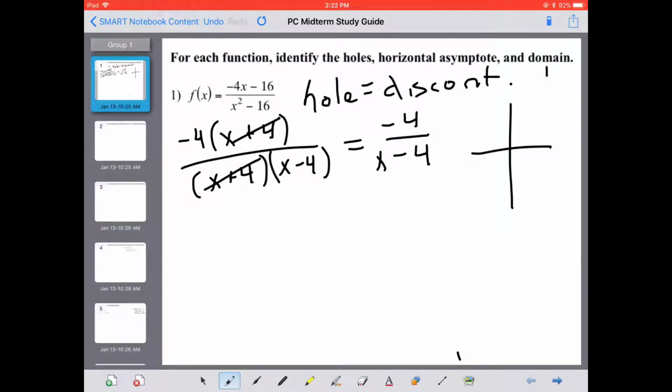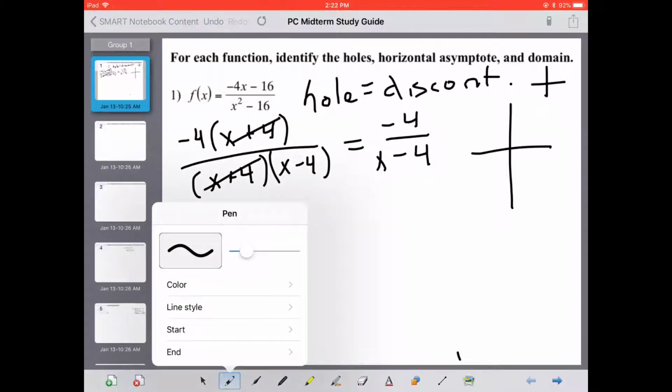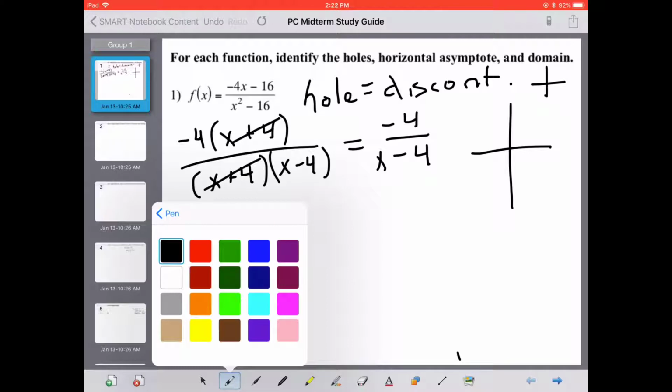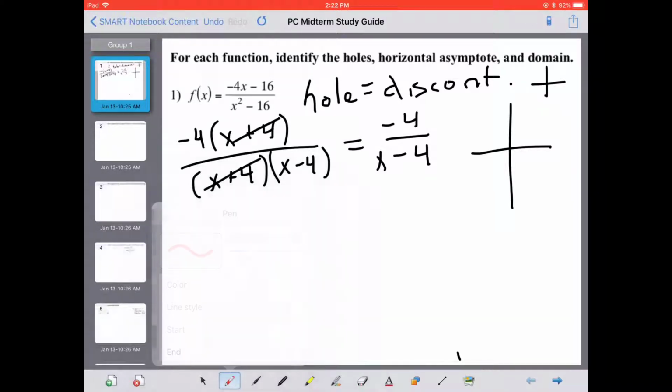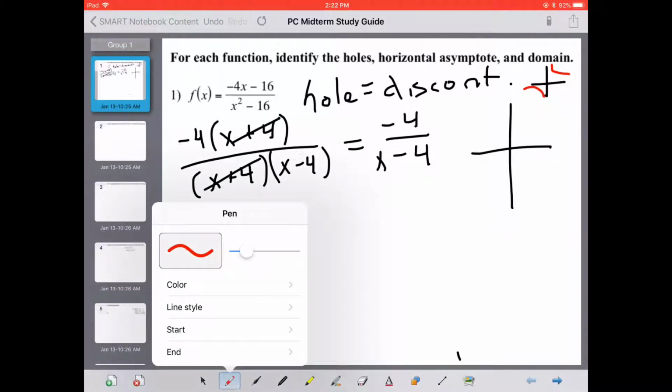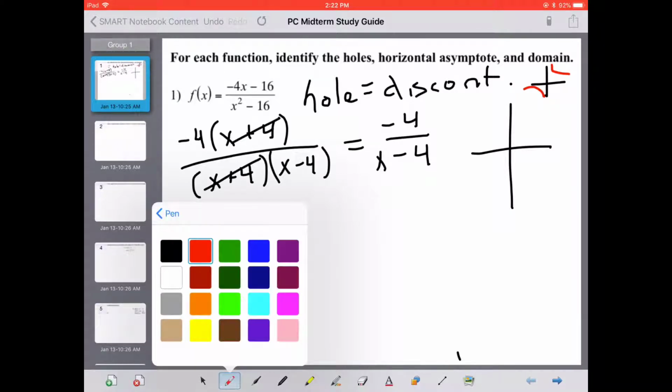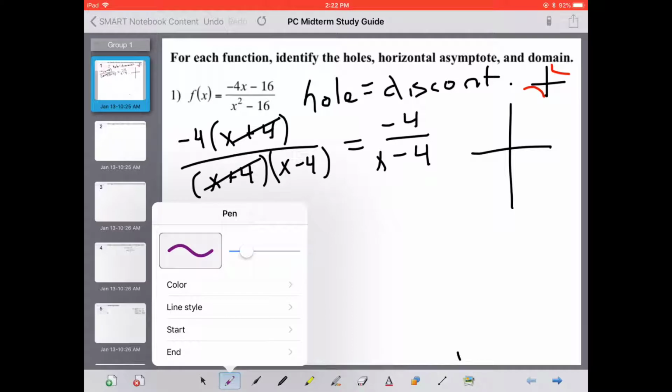Our parent function for rationals will look, as I'm drawing in the tiny one, like that, but we do have some transformations here. Since we do x minus 4, that's going to move it over to the right 4.